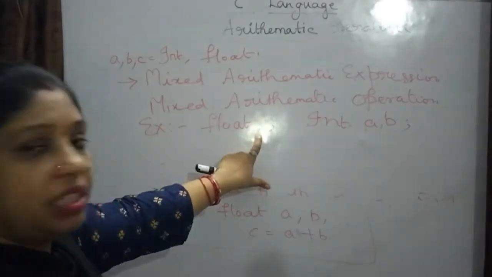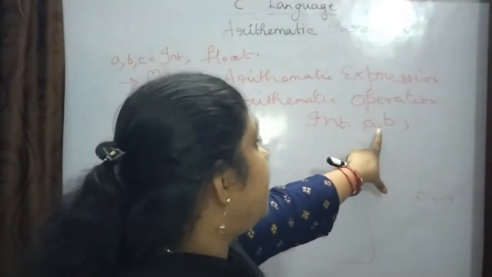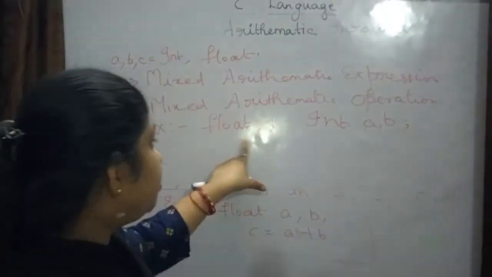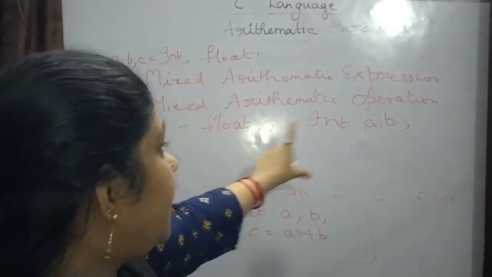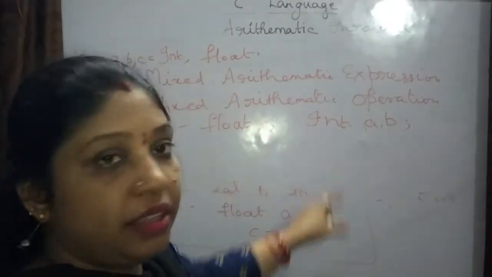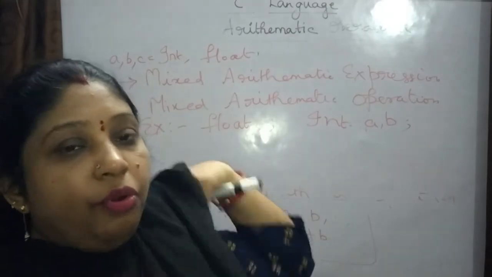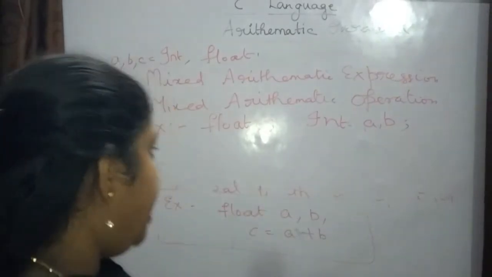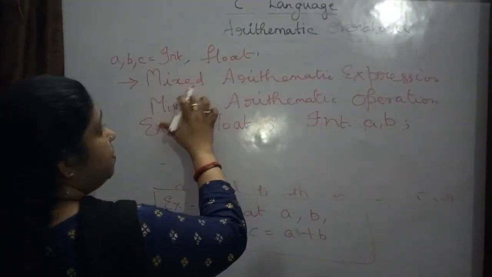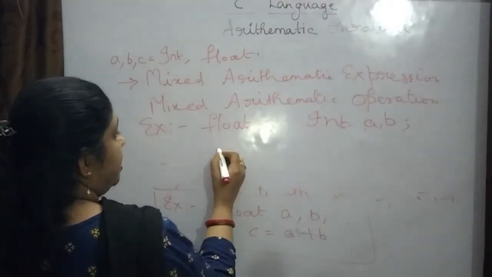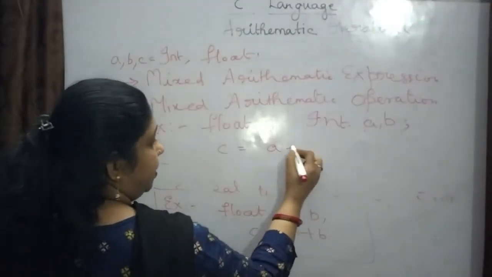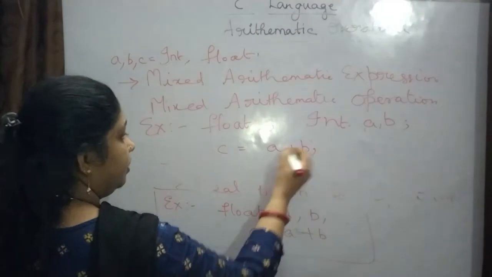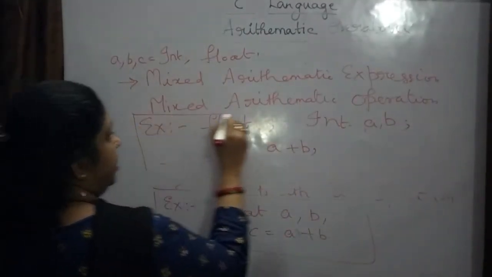That's why I am taking C as float and A, B as integers. If you are declaring the variables like this, that means you are using both float and integer data types, then you will call it a mixed arithmetic expression. And here I will write C equal to A plus B.